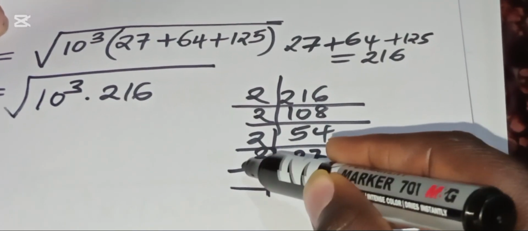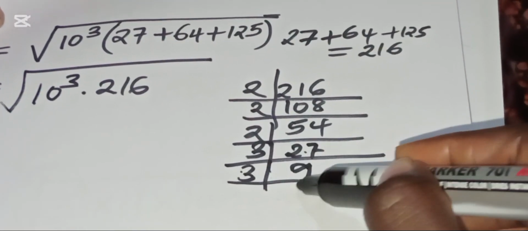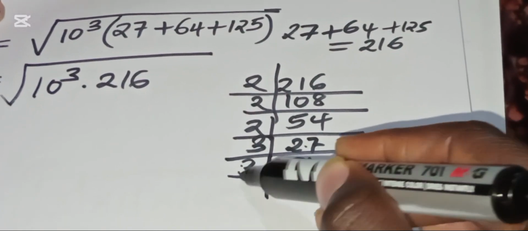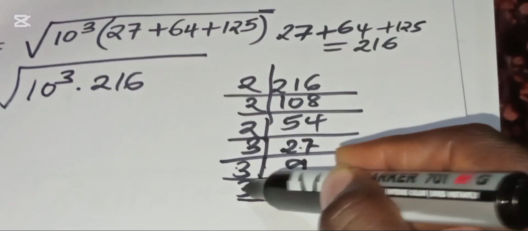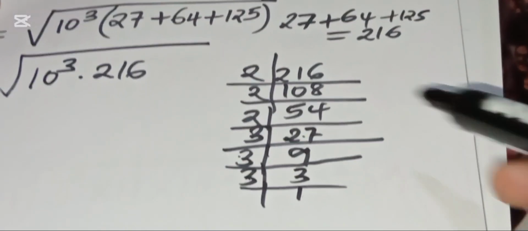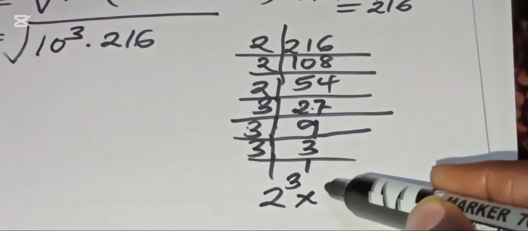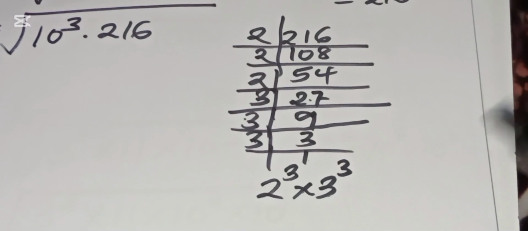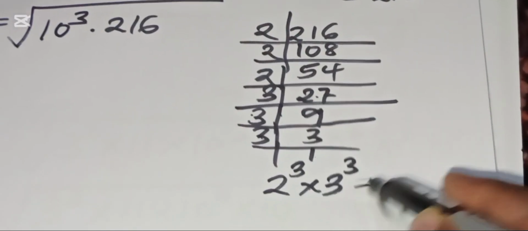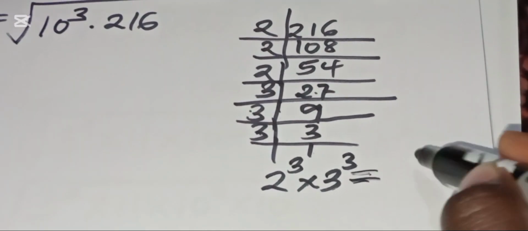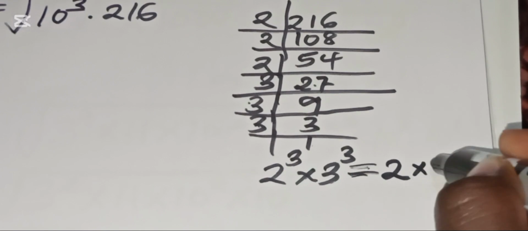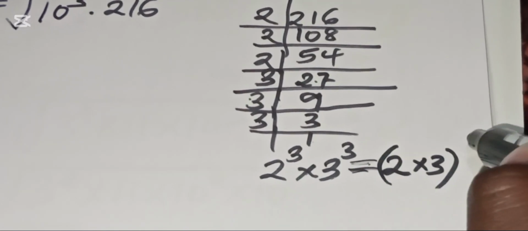Again 9 divided by 3 is 3, and 3 divided by 3 is 1. So that means we have 2 cubed multiplied by 3 cubed, which is the same thing as 2 times 3 raised to power 3.